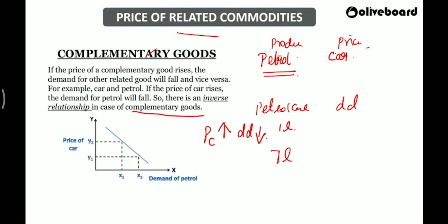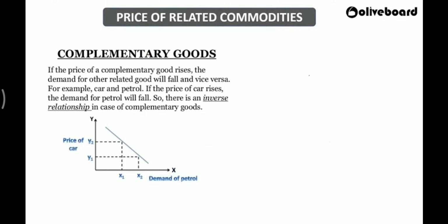Am I clear, guys? So substitutes are different and complementary goods are different. I'll give you another example, in a simpler way of understanding. Here I will take price of petrol, and here I will take demand for petrol cars.